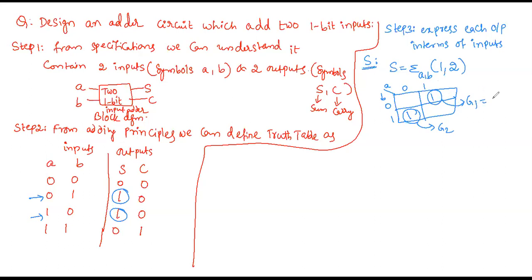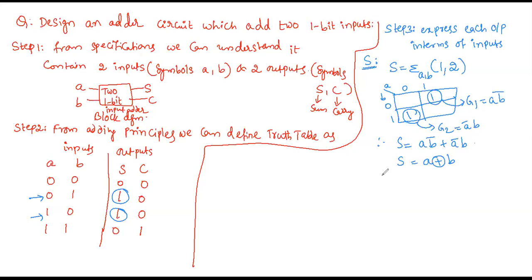G1 is equal to A B bar, and G2 is A bar B. Therefore, S is equal to A B bar plus A bar B. Look at the expression carefully: A B bar plus A bar B is nothing but the XOR gate expression. So S is equal to A XOR B.